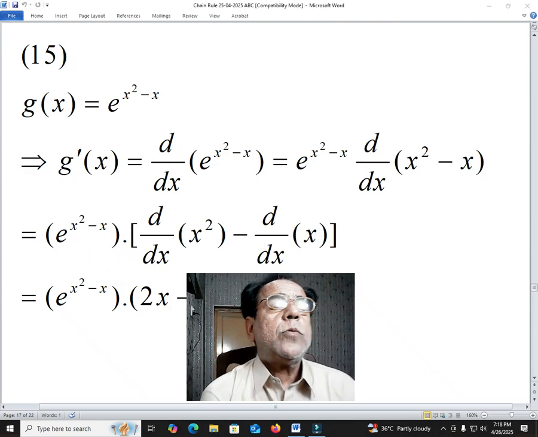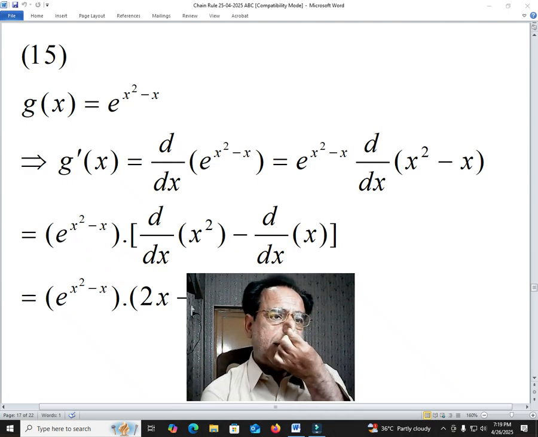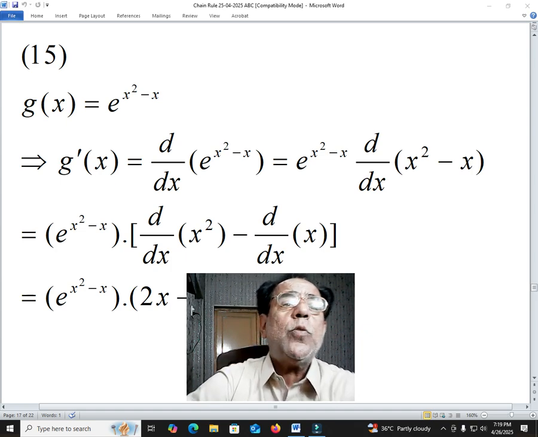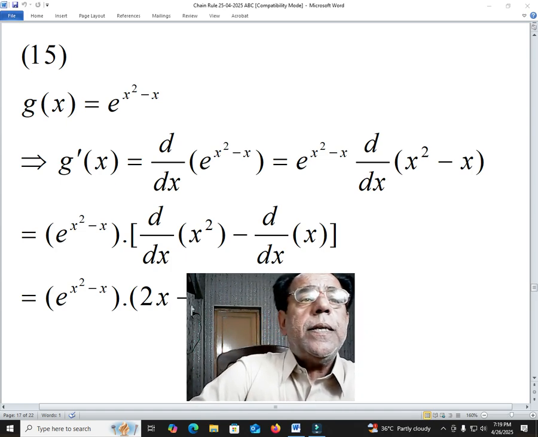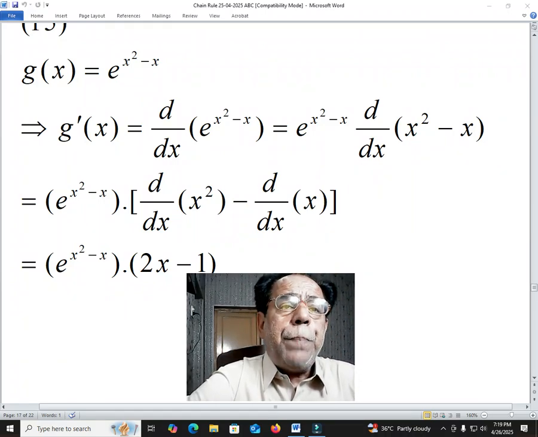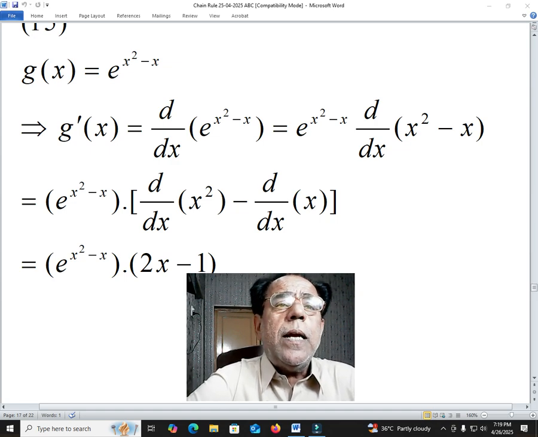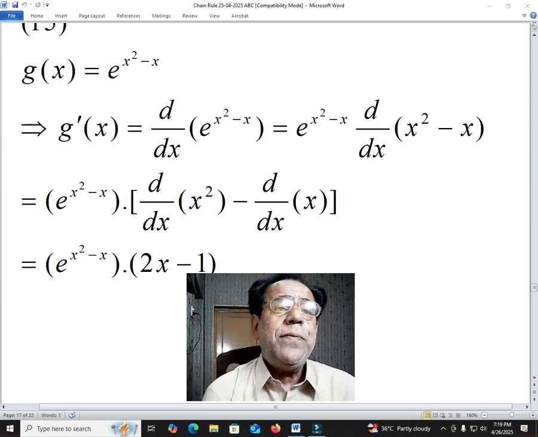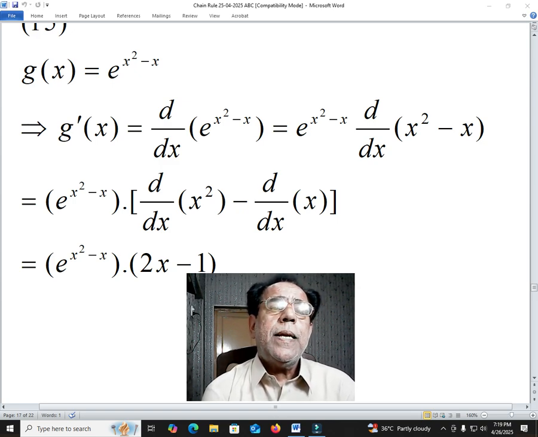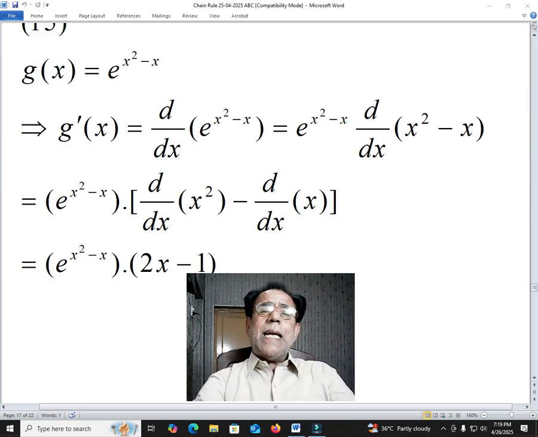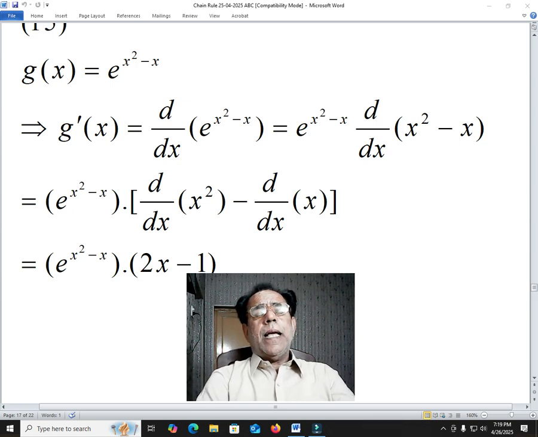Problem number 15. G x equal to e exponential function. Okay, g dash x is equal to d over dx into same because g is a function of x. Okay, now in the next step we are going to apply power rule, chain rule together with power rule. We know that derivative of exponential function first remains as it is, then we will differentiate power of exponential function.